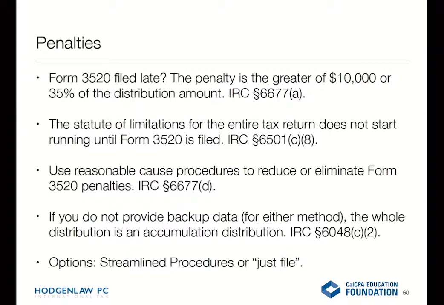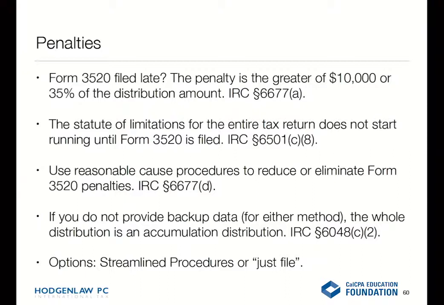And then the statute of limitations for the entire tax return does not start running until Form 3520 is filed. So you can create that latent risk that the IRS could always come back and audit your tax return at any point in the future until you file the form, which is not good.